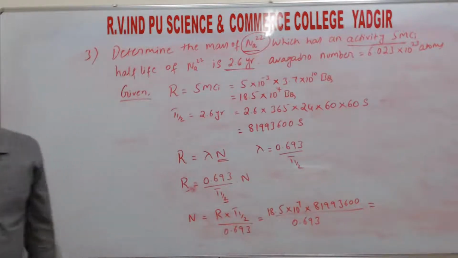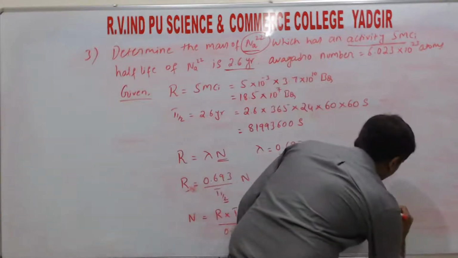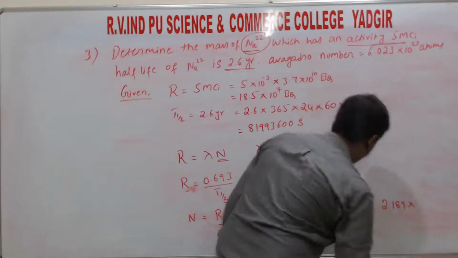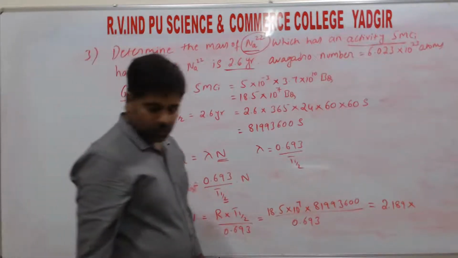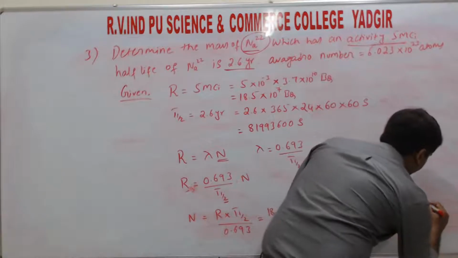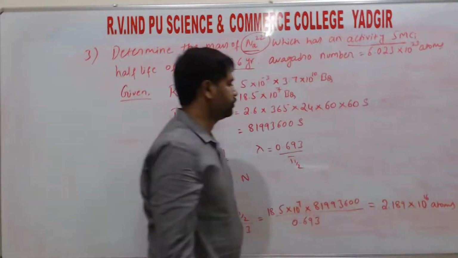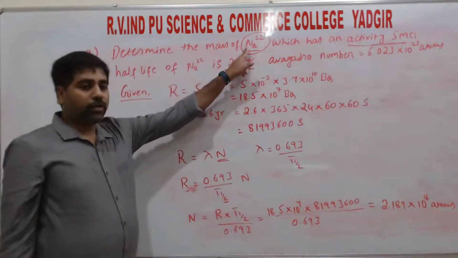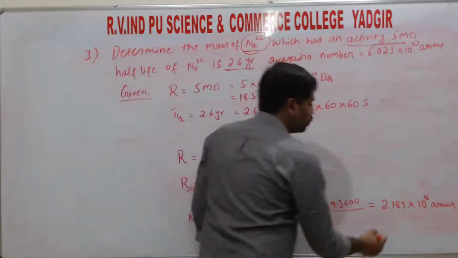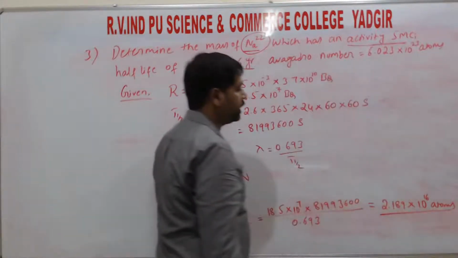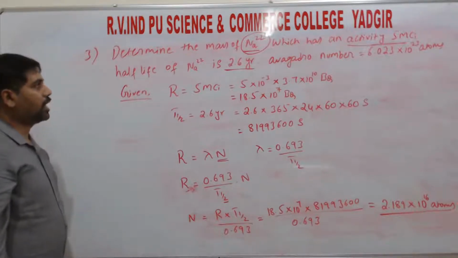If we simplify the value, we get 2.189 into 10 to the power of 16 atoms. That means 22 gram mass of sodium consists of 2.189 into 10 to the power of 16 atoms, right?